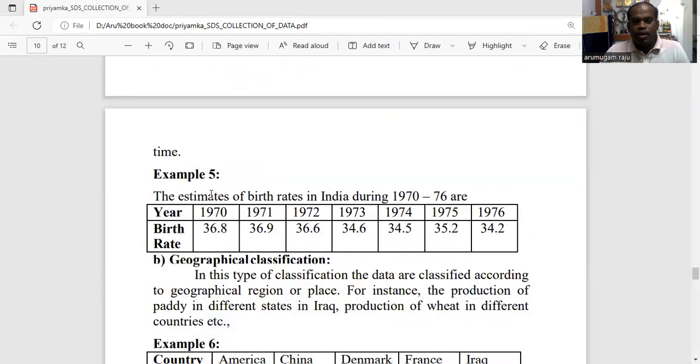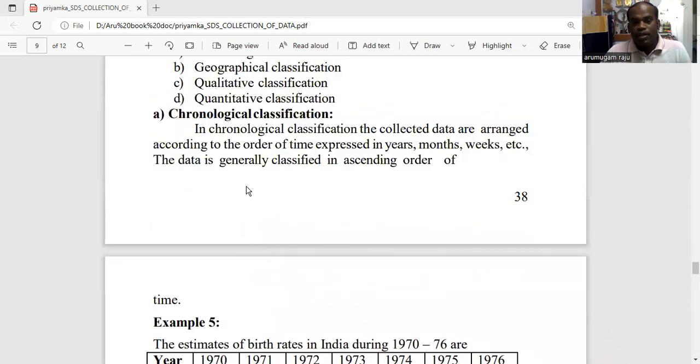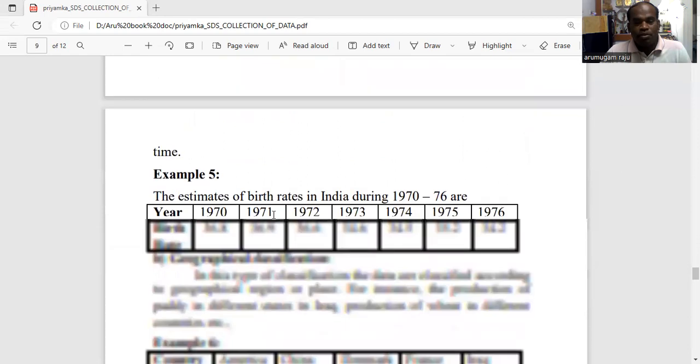For example, here we have some years, 1970, 71, 72, 73 up to 76, and the corresponding birth rate. So based on the time period, we have to classify the data. That is chronological classification. So it is based on the time period.